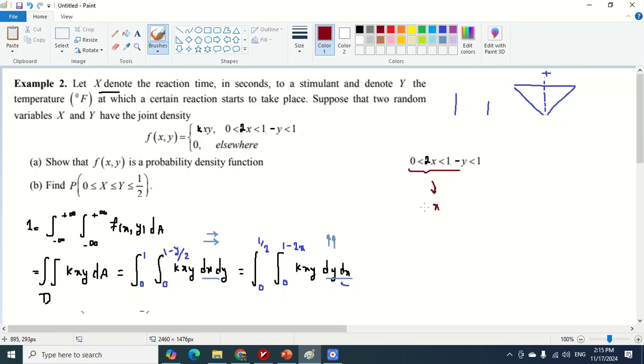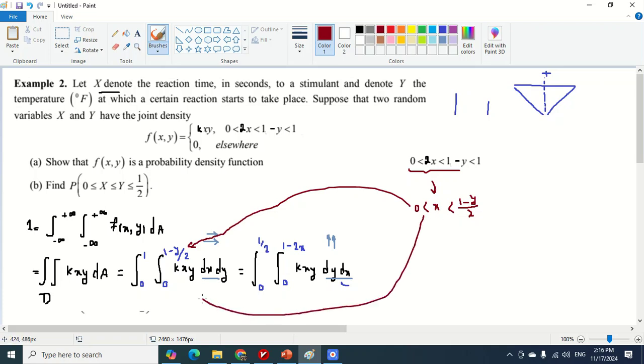Then we have x between 0 and 1 minus y over 2. So these are the boundaries that we have when we have dx dy. As you can see, one of them is 0, the other one is 1 minus y over 2. So you can use this to calculate the boundaries.